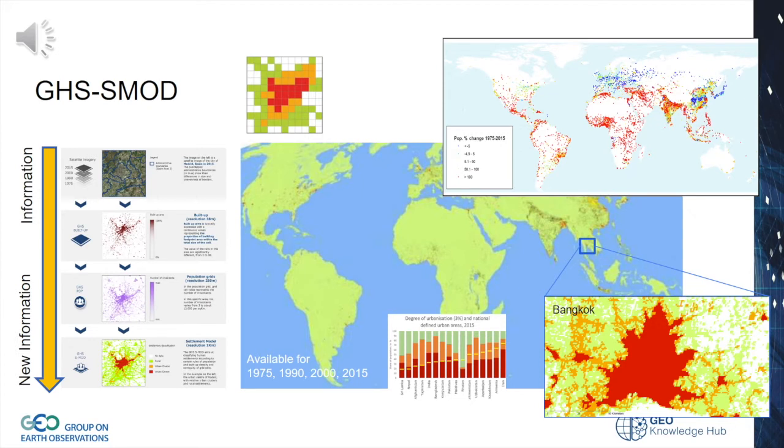The settlement model is also available for the epochs 1975, 1990, 2000, and 2015. The unique feature of the settlement models are the spatial boundaries of settlements used to size consistently all urban centers. The settlement model is used, among other things, to implement the new urban agenda and to measure sustainable development indicators.